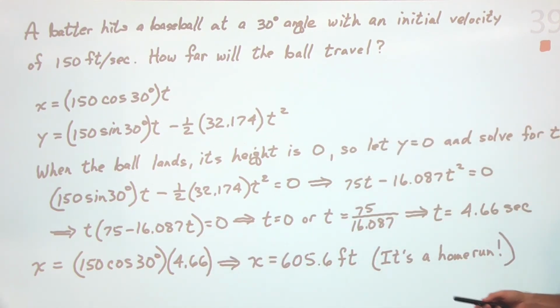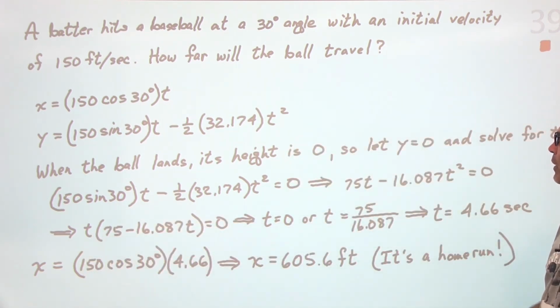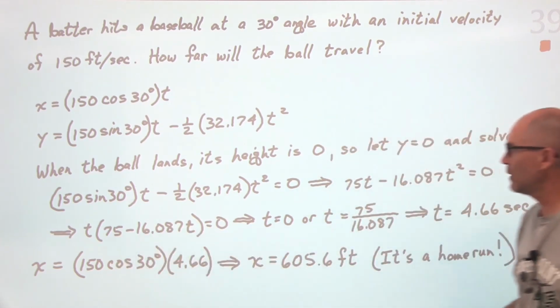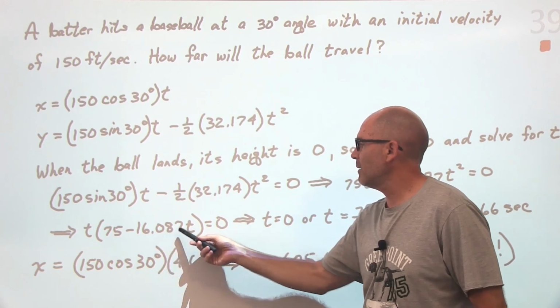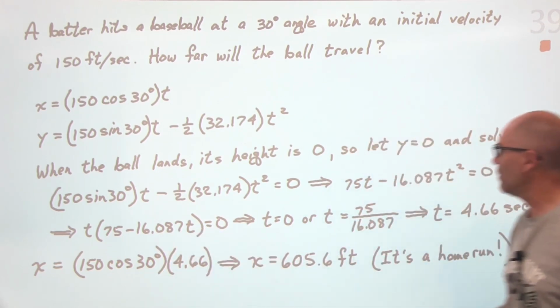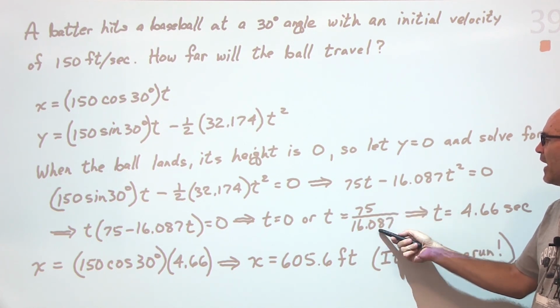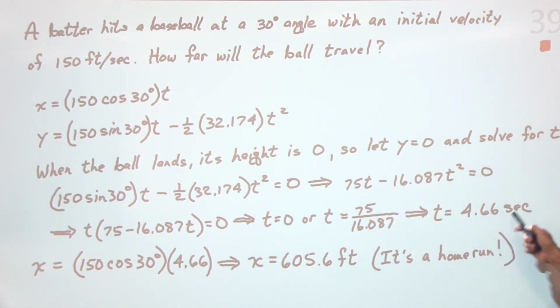Okay, so that means either t equals 0 or what's in the parentheses equals 0. And if 75 minus 16.087t equals 0, then that means t equals 75 divided by 16.087, which is 4.66 seconds.